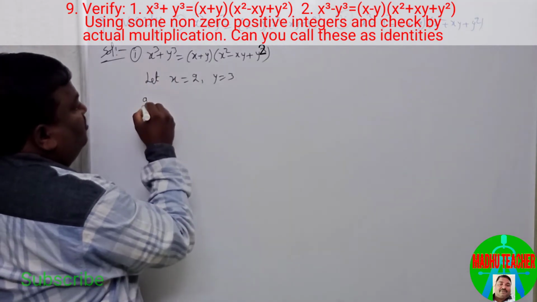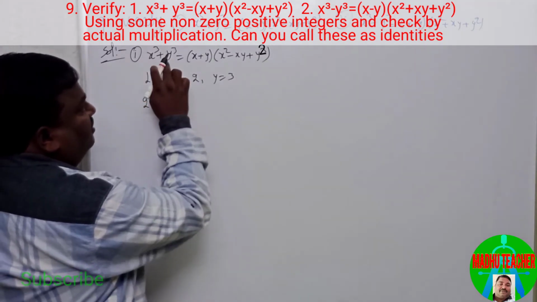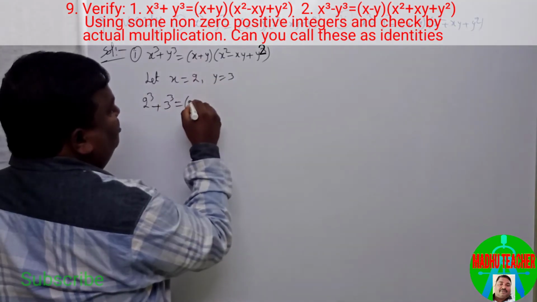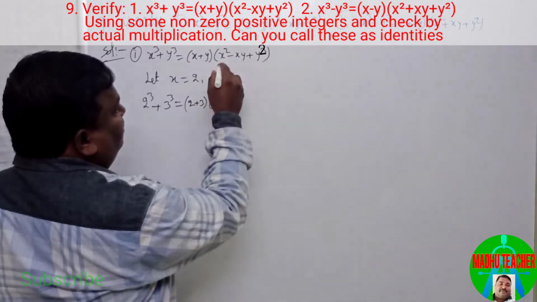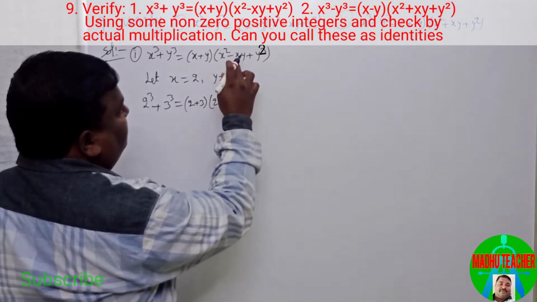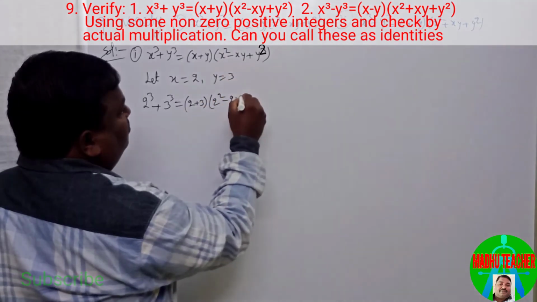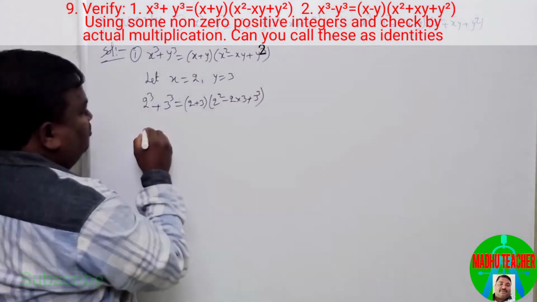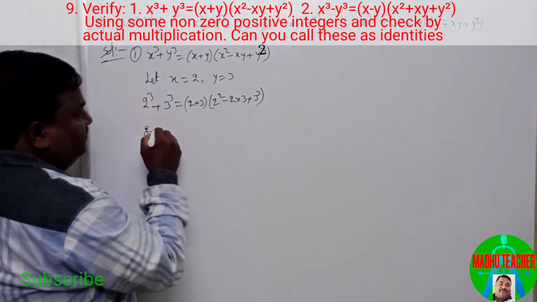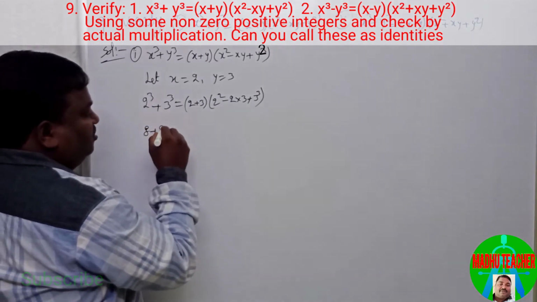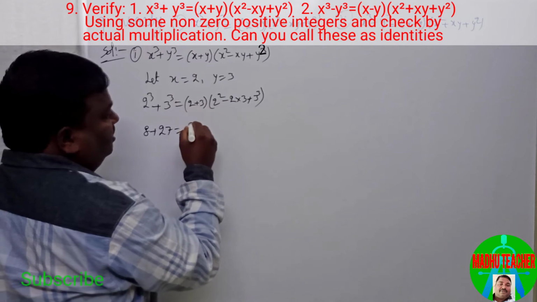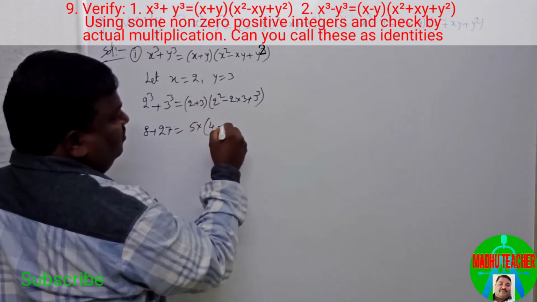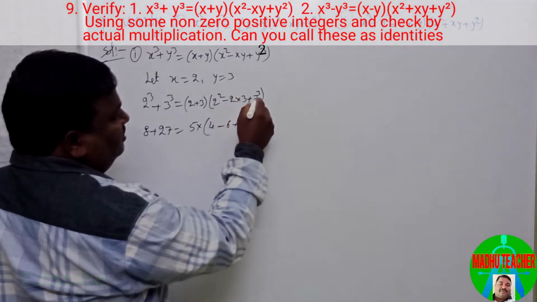So that is 2 cube plus 3 cube equals (x plus y) 2 plus 3 into x square 2 square minus x into y 2 into 3 plus y square 3 square. So 2 cube is 2 2s are 4, 4 2s are 8, 3 3s are 9, 9 3s are 27, equal to 2 plus 3, 5, into 2 square is 4, 2 3s are 6, 3 3s are 9.